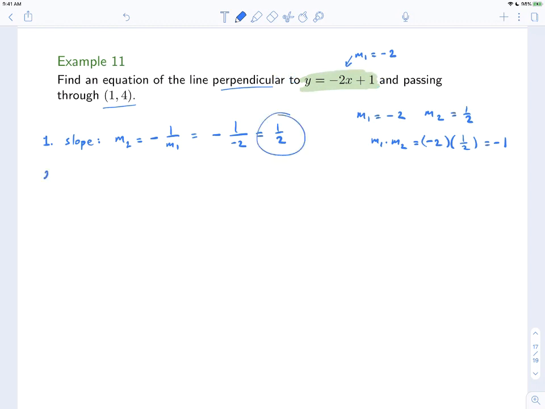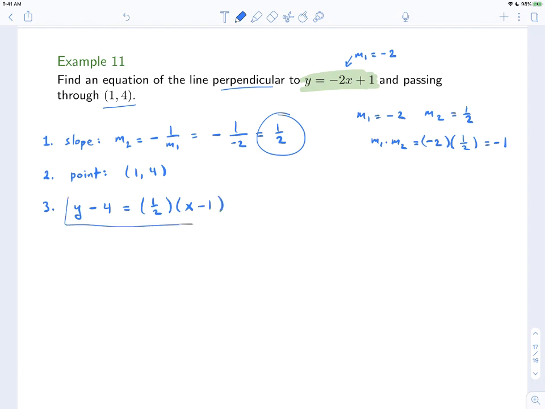Now, for step 2, we need a point. Well, we have a point. It's right there. It's 1, 4. So now we write down the equation of the line in point-slope form. Y minus the y-coordinate is equal to the slope times x minus the x-coordinate.